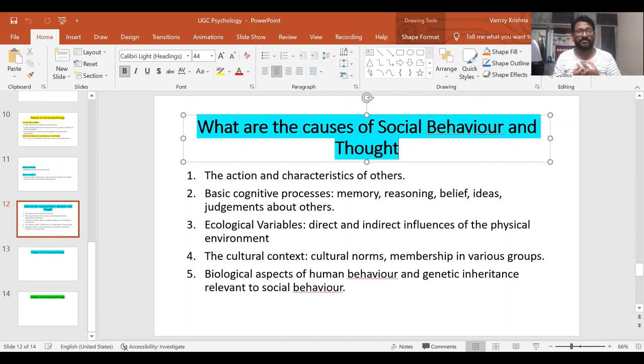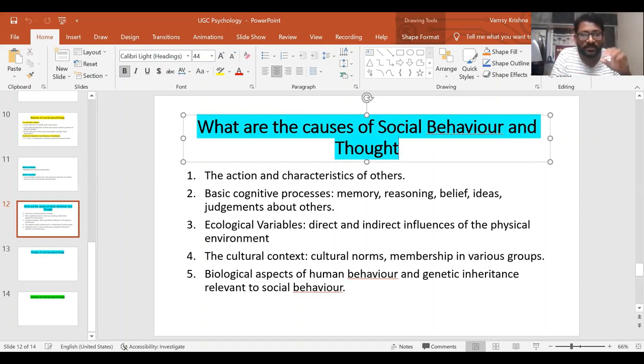This is a very important and very interesting concept, one of my favorite topics, and I have started with these introductory topics from the UGC syllabus. Social psychology focuses on understanding the causes of social behavior and on identifying the factors that can shape our feelings, behaviors, and thoughts in social settings.